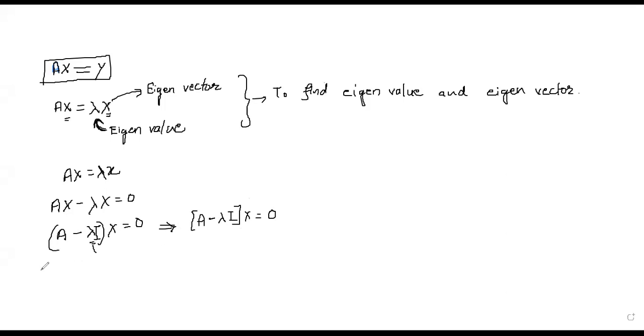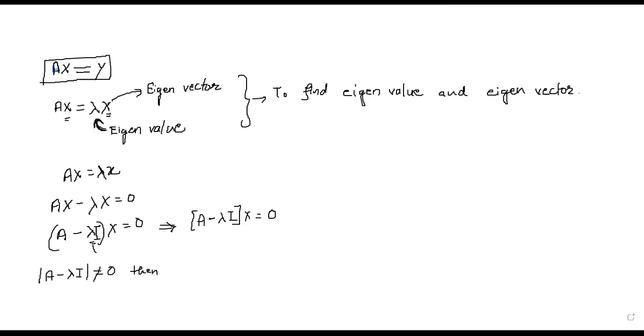Now my question is, what will happen if determinant of A minus lambda I is not equal to 0? Then what will happen? x equals 0.